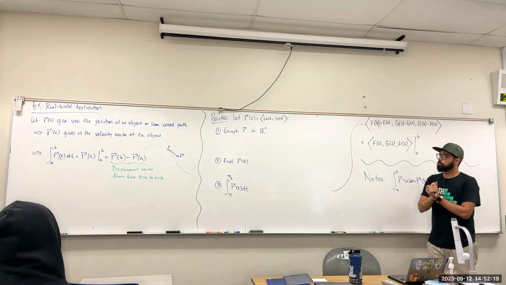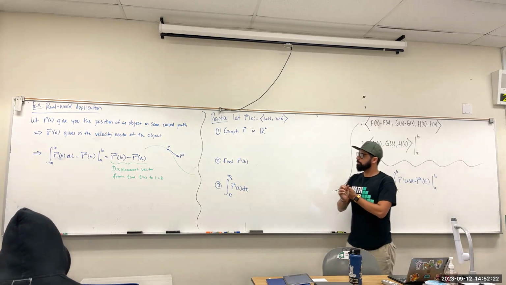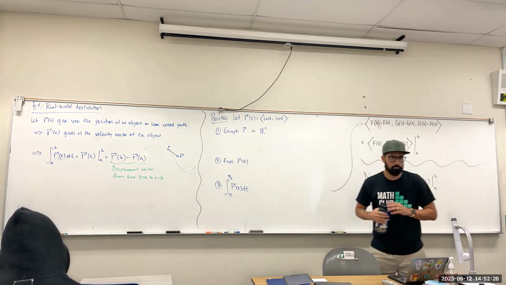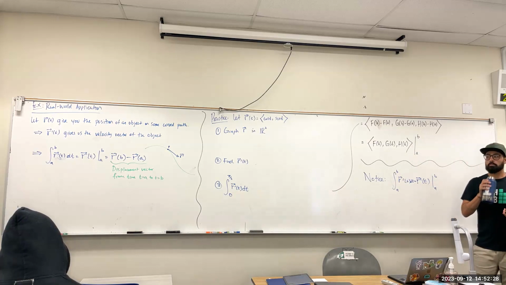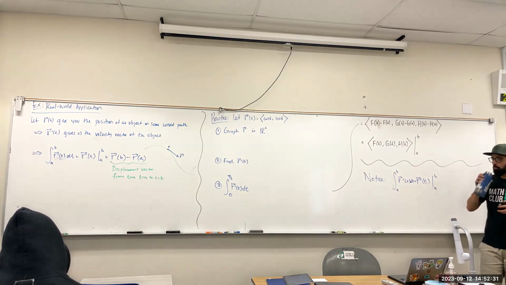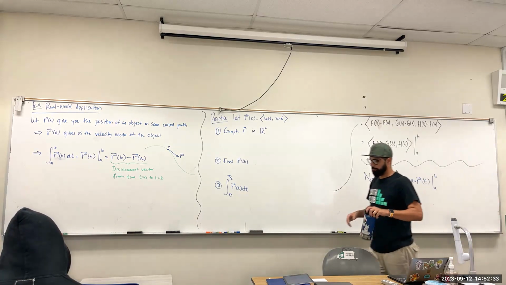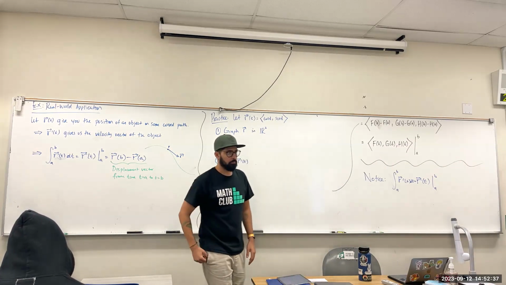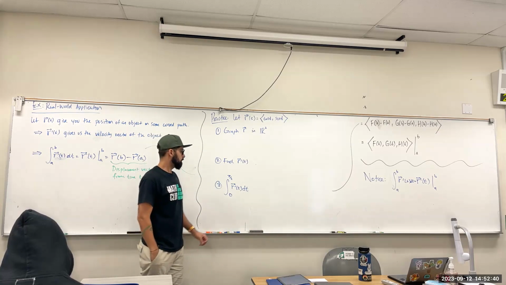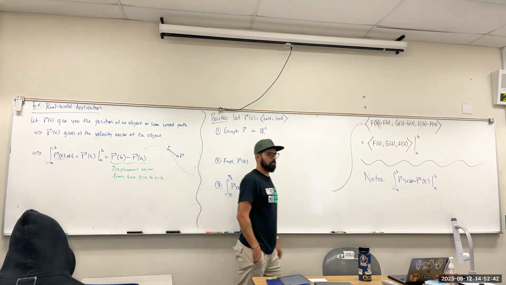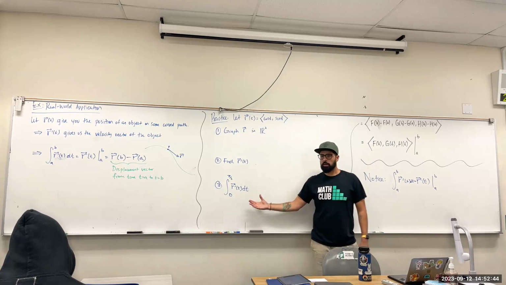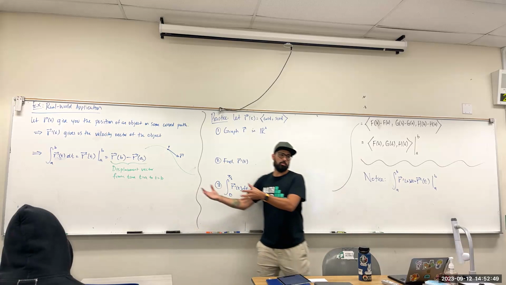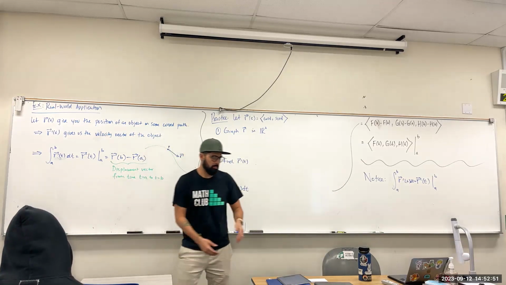So graph it in R2, find the derivative, and then integrate that vector function. Whatever answer you get here, try to interpret what it means from our discussion here. I know it's a little silly.